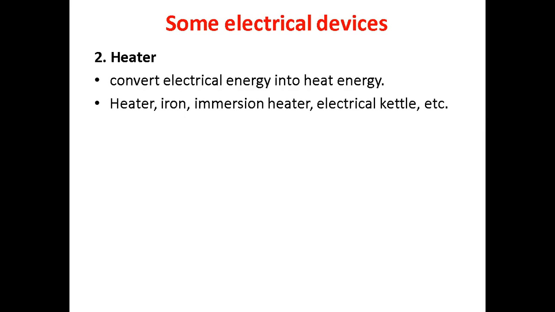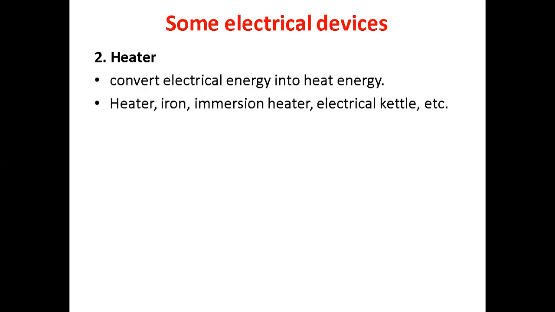We feel so because we can see the heater glowing. Glowing means light is also being produced. But the main function of a heater is to convert electrical energy into heat energy.